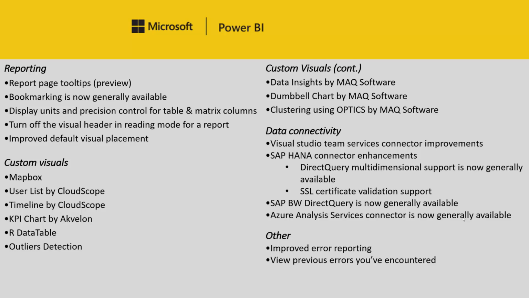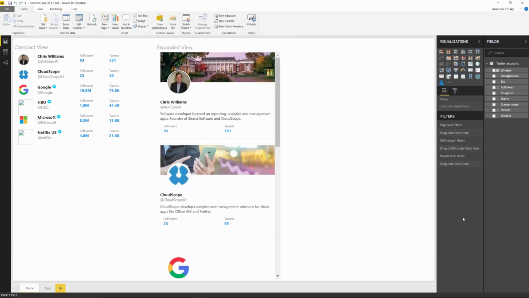The user list by CloudScope visual is all around being able to display information about users or organizations in a really visually appealing fashion. So you can see that there is both a compact view and an expanded view, and for each different attribute, so person, organization, whatever you're trying to show information about, you'll have things like images, in this case followers and tweets.